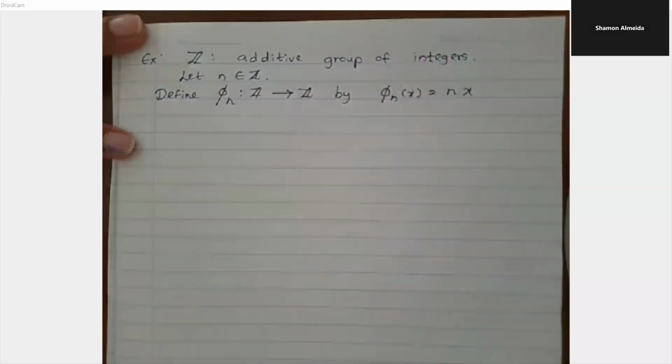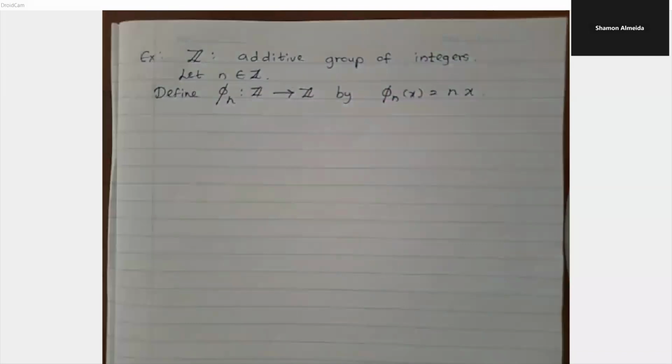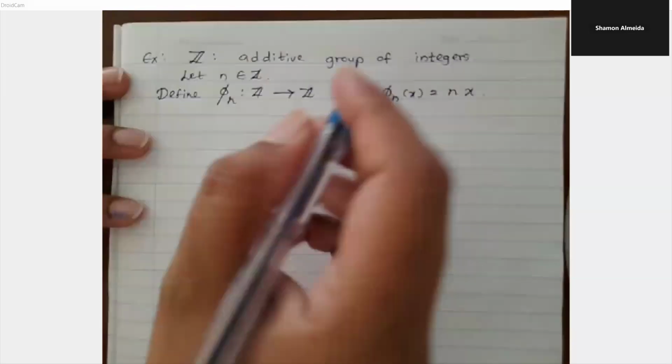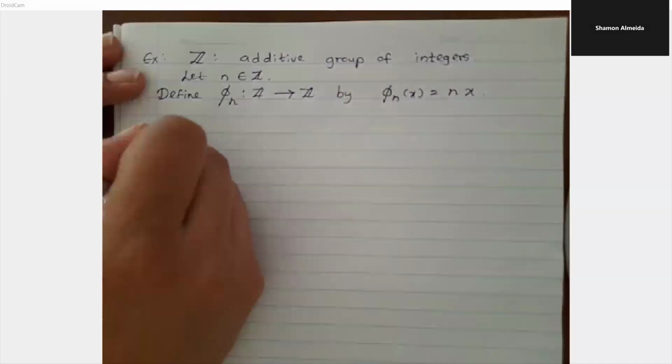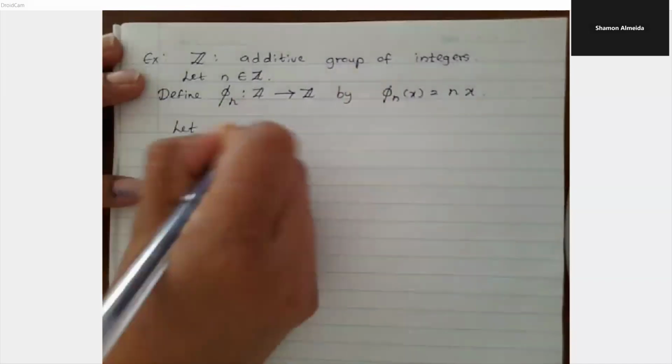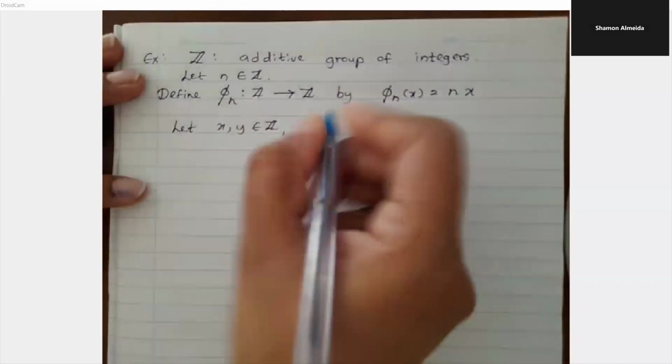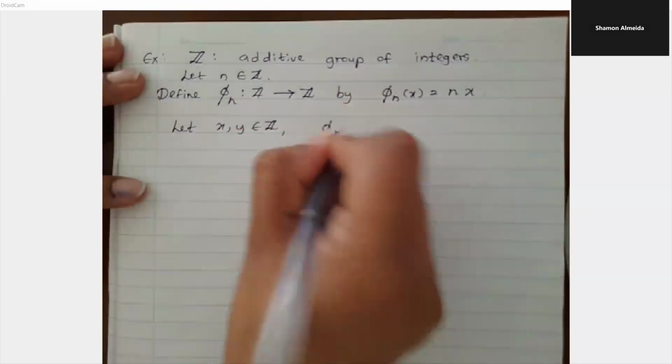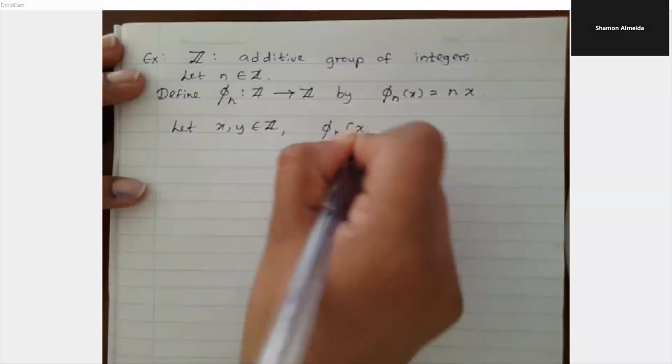N times x. Right? This is also a homomorphism. Right? To see that this is indeed a homomorphism, we take any two integers x and y. So let x, y be two integers in Z. Then we see that phi n of x plus y. Right?